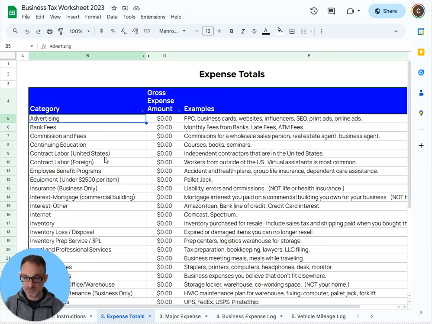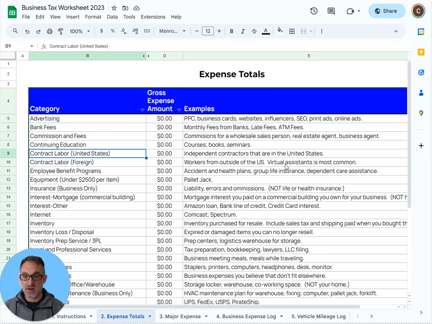Anytime you spend money to get contract labor, that would be anyone you hire outside the US. So let's say, for example, you hire someone to help you with sourcing from the Philippines. That is able to be written off, and that generally will go into the contract labor foreign section.